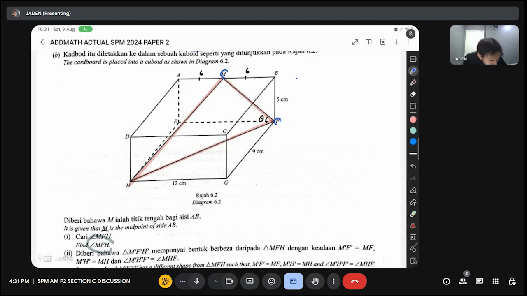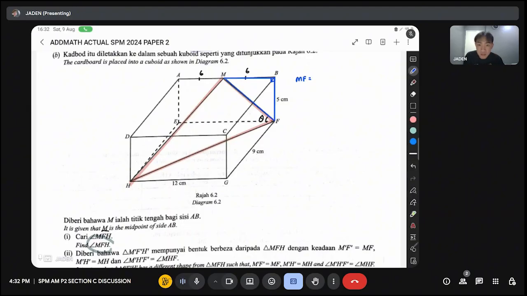MF can be found using Pythagoras theorem. Now, if you focus on M, B, and F, there is a right angle triangle formed over here. As soon as I use my blue color pen to bold it, you will notice there's a right angle triangle here.